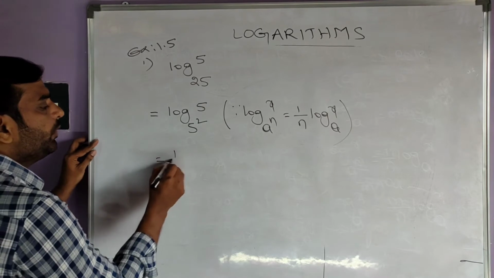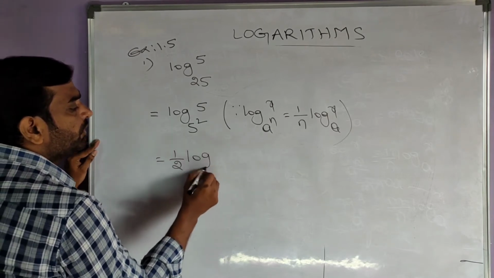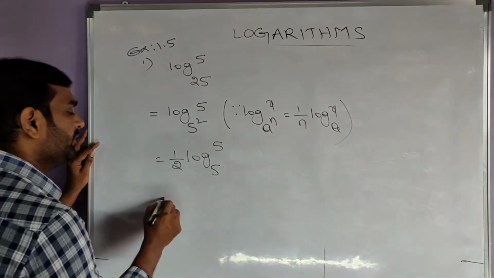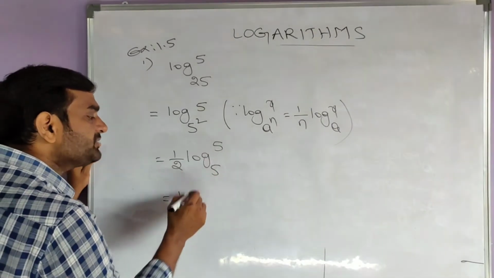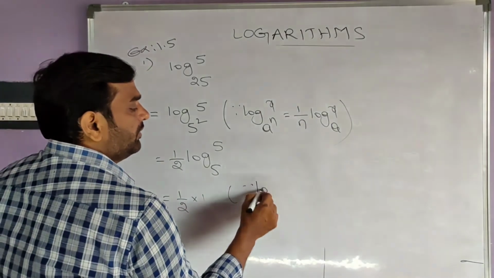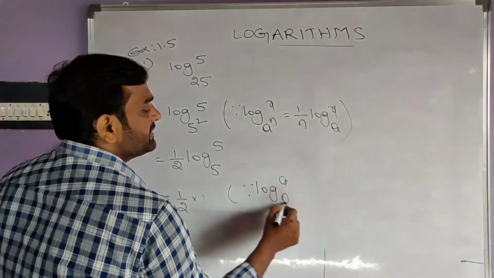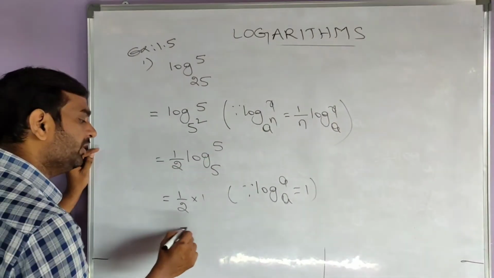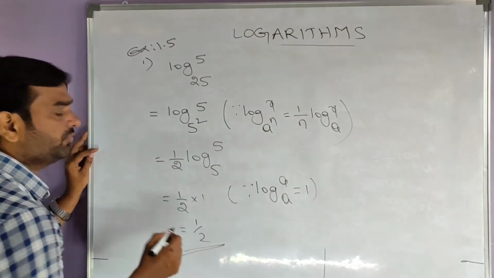So it can be 1 by 2 log 5 base 5. Log a base a is equal to 1, so log 5 base 5 value is 1. 1 by 2 into 1 is equal to 1 by 2.